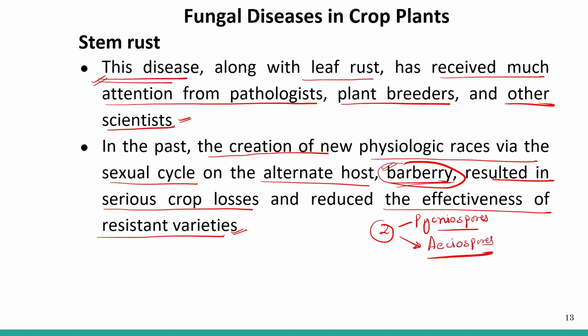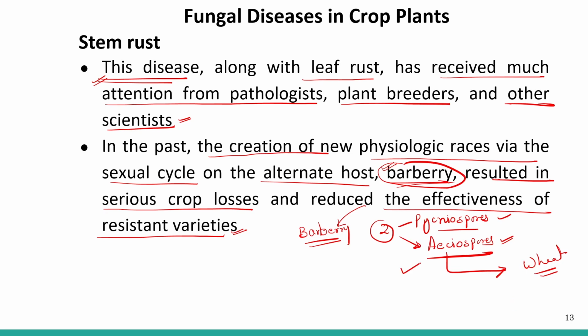So these two types of spores occur on the barberry plant. Whereas on the cereal crop, for example wheat, we have urediospores, teliospores, and basidiospores. So the basidiospores infect barberry and aeciospores infect wheat to complete the life cycle.